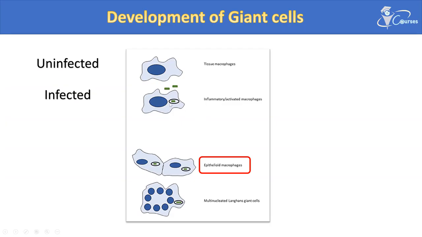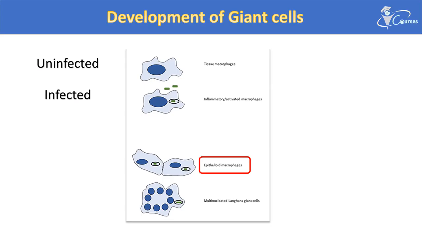When the macrophages are activated, they will proliferate. So when these tissue histiocytes become activated, they will proliferate, and when they proliferate, they will be called epithelioid cells. Why are they called epithelioid cells or epithelioid macrophages? Because of their tendency to proliferate, they will look as if it is epithelium.